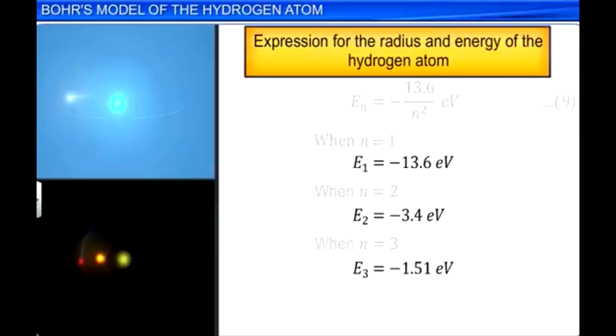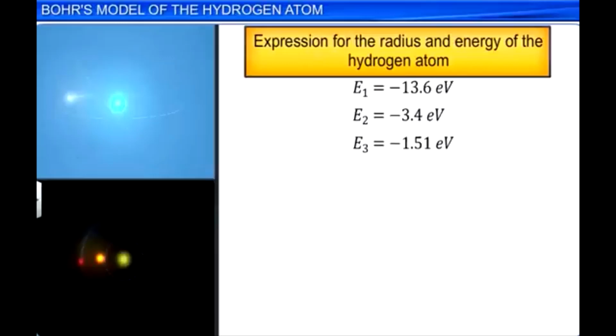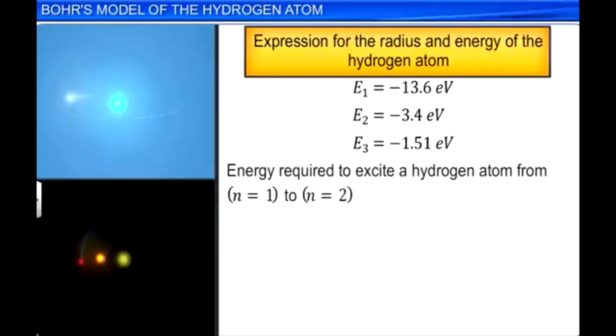So, to excite a hydrogen atom from the ground state, where n equal to 1, to the first excited state, where n equal to 2, the energy required is E2 minus E1. This is equal to minus 3.4 minus of minus 13.6, which is equal to 10.2 electron volts.